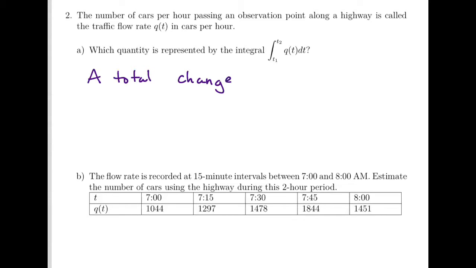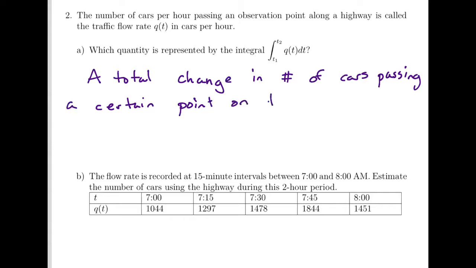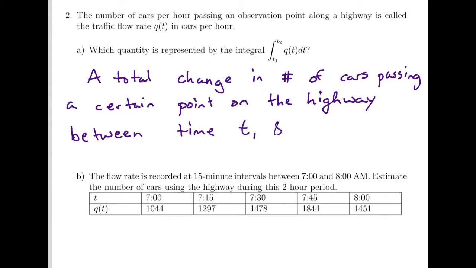Since Q of t is cars per hour, it's a total change in the number of cars passing a certain point on the highway between time t1 and time t2.